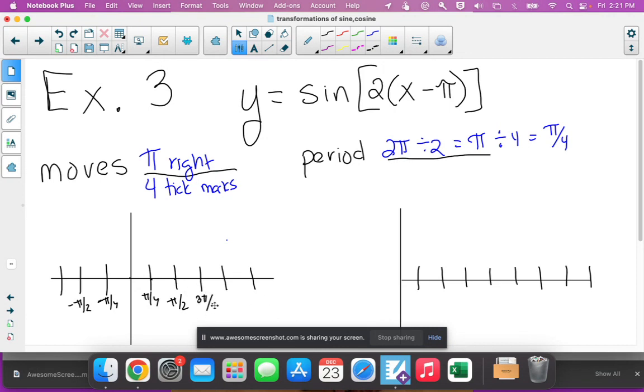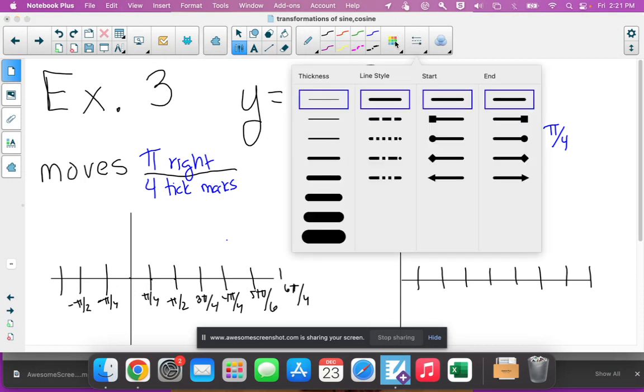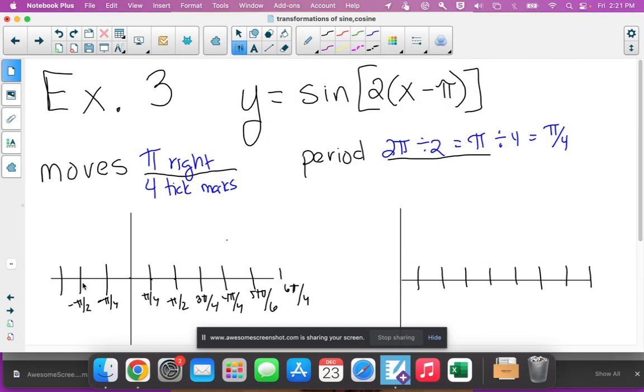So 3 pi, I'm just going to keep adding a 4th, 4 pi over 4, 5 pi over 4, and one more, 6 pi over 4. Okay, so again, I'll draw the original function before the phase shift, just so you can see what this would have done. Okay, so pi over 2, or negative pi over 2 rather, and then negative pi over 4, back to 0, and up to 1, and back to 0.